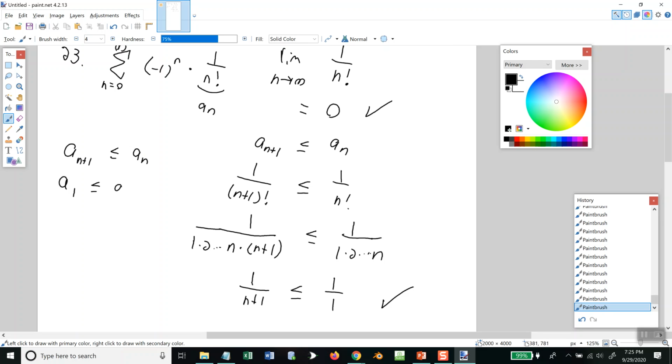Put 0 here, that's a sub 0. If you put these in, that'll be 1 over 1 factorial. This would be 1 over 0 factorial. Both of those give you 1, don't they? Which is still true, less than or equal to. So it hadn't been violated, the fact that it started at 0. So yeah, since both of those are true, it converges.